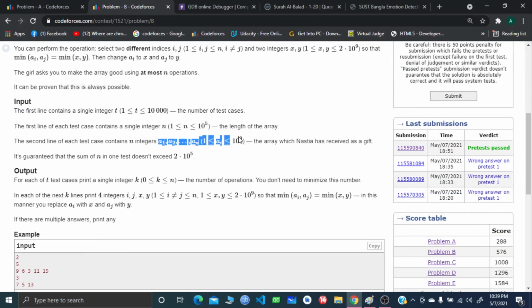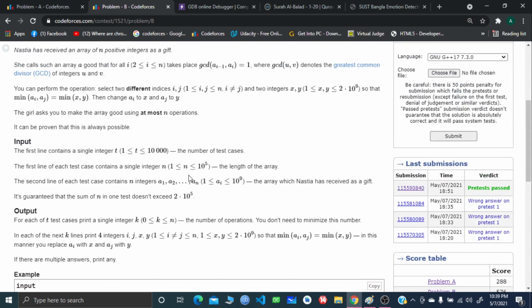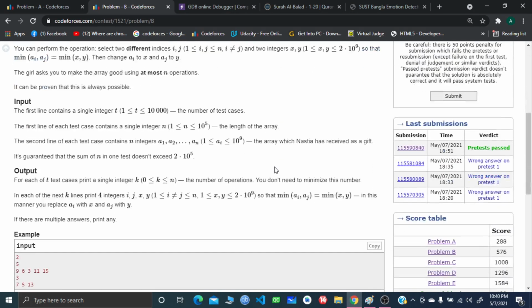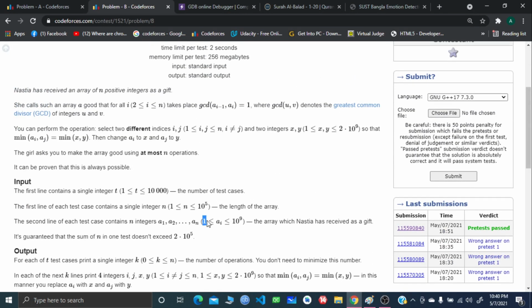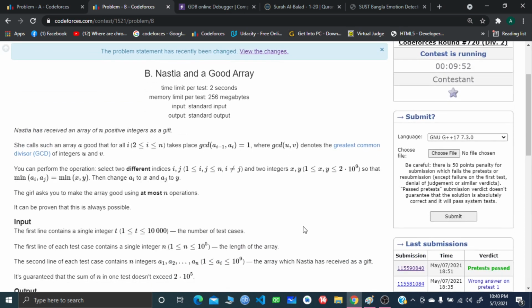But the values in the array that we're going to be taking are only up to 10 to the power 9. So I have a possible outcome of prime numbers that I can get, which can be closest to 2 into 10 to the power 9. If I could somehow find that, that is going to play a big role.